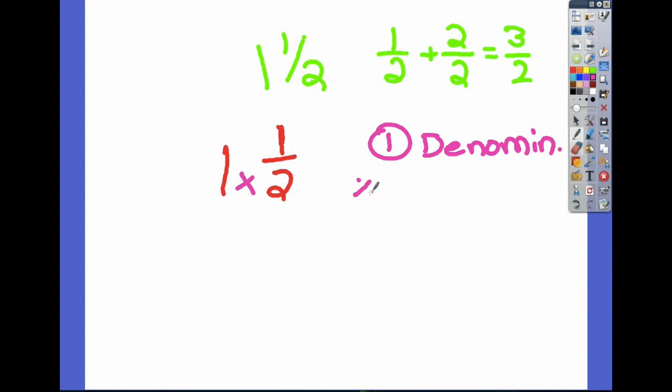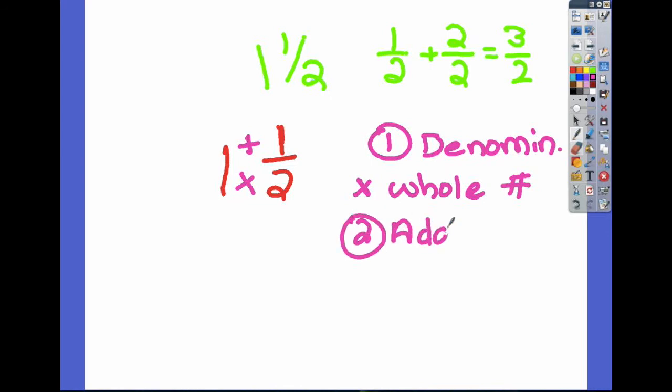Denominator times whole number. And then add the numerator.